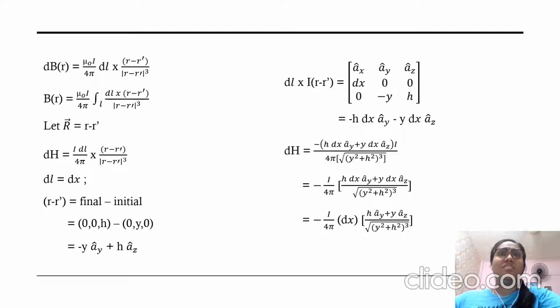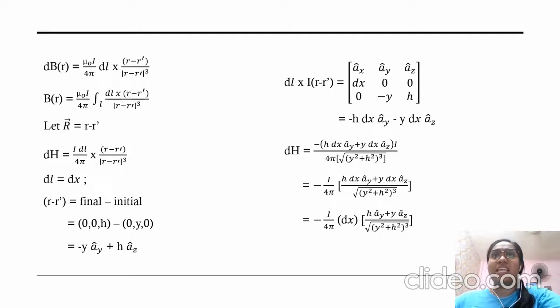To find the resultant vector, obviously we need to carry out final minus initial. So the final point, which is point P (0, 0, h), minus the initial at (x, y, 0). Therefore, you obtain negative y ay plus h az. Therefore, dl times the resultant vector is equal to negative h dx ay minus y dx az.